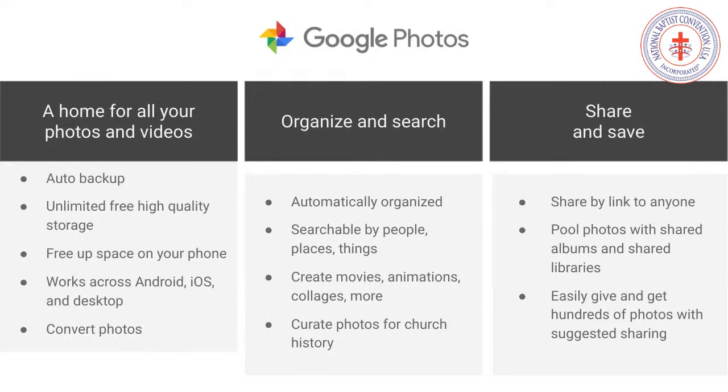So if I have a bunch of photos I took at the Women's Auxiliary Day, and somebody had a purple hat with a feather, and I'm trying to find that photo out of hundreds of photos, I can type in the search "purple hat with feather" or "purple hat," and it'll bring back the images with a purple hat in it. So it makes certain things a little bit more efficient, so you don't have to label and tag everything yourself.